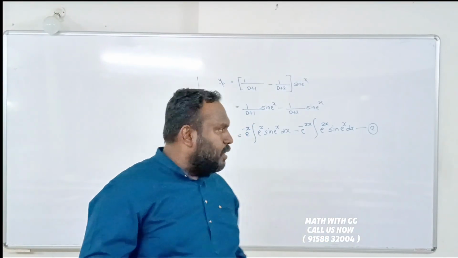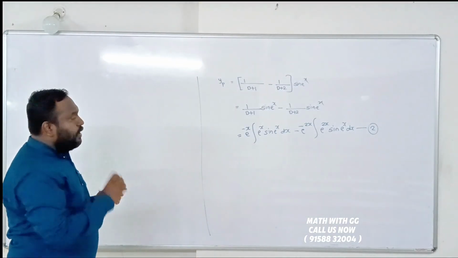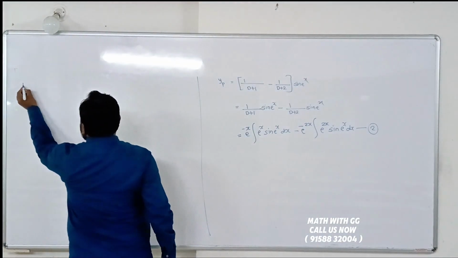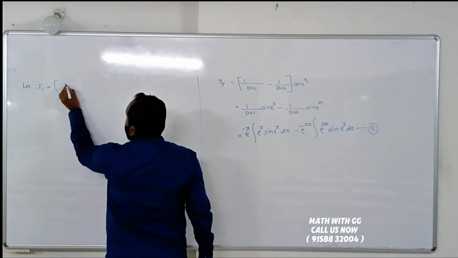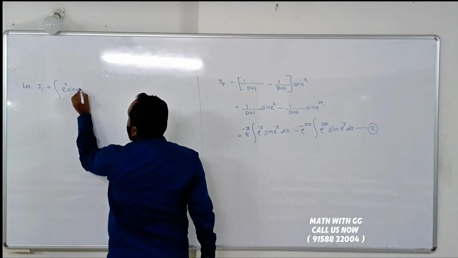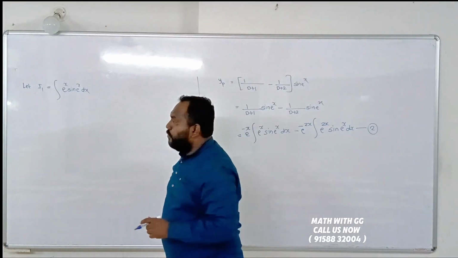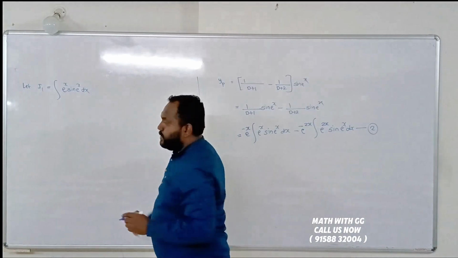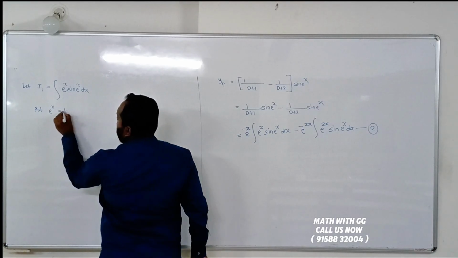Now, let's calculate both the integrations and back substitute in equation number 2. Let I1 equal to integration e raised to x sin e raised to x dx. This integration cannot be solved directly, so we have to substitute e raised to x as t. So put e raised to x equal to t.